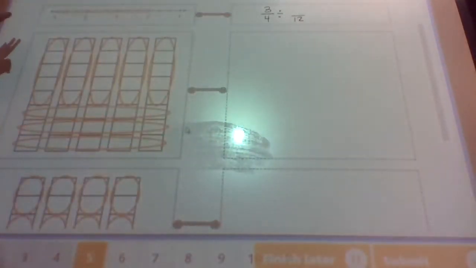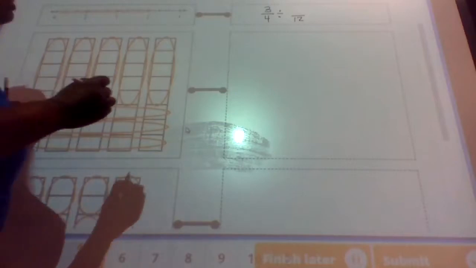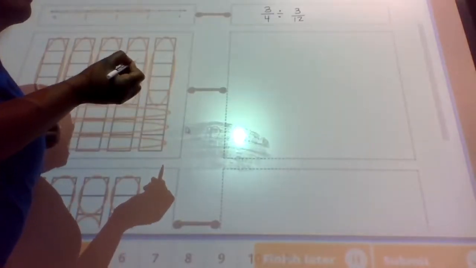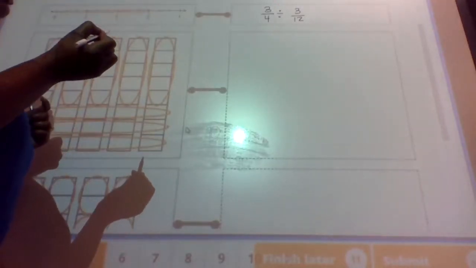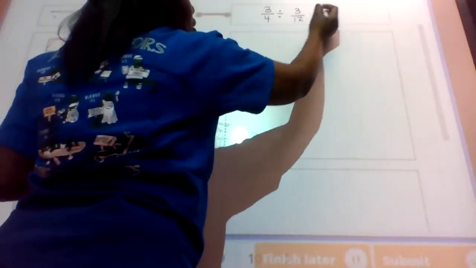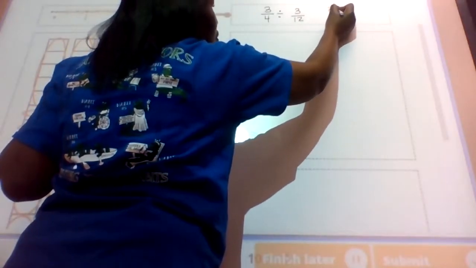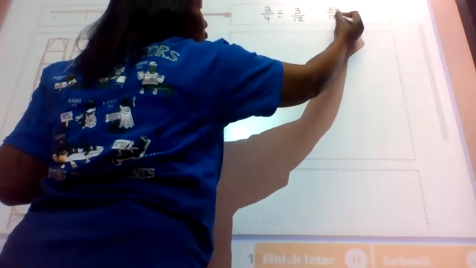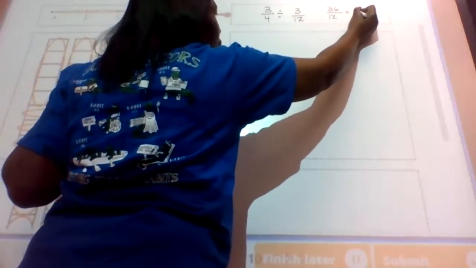And how many was in each part? 3. They divided into 3 parts. So, what is 3 times 12? And 4 times 3? And what's 36 divided by 12? 3.